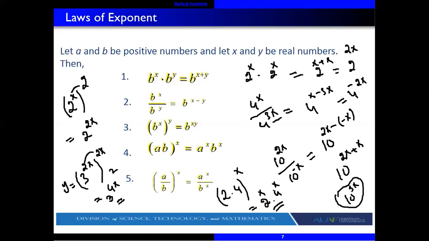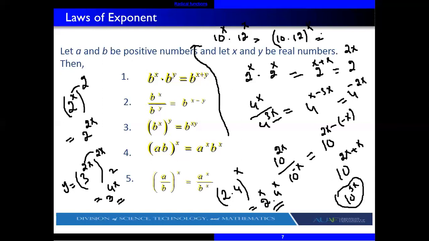Correct? Okay. Same for the fourth one, when bases are not the same, like for example, if you have 10 power x and you have, let's suppose 12 power x, bases are not the same. So you need to multiply 10 multiply with 12 and bases are the same, so take base like x.